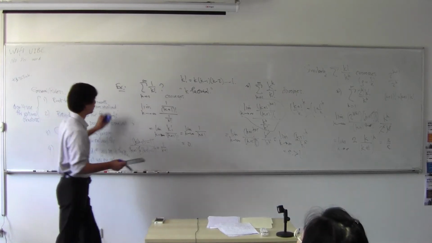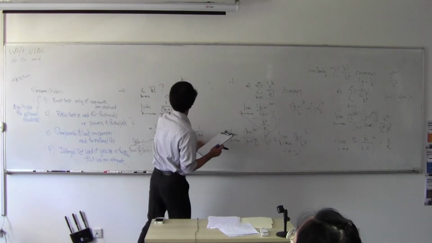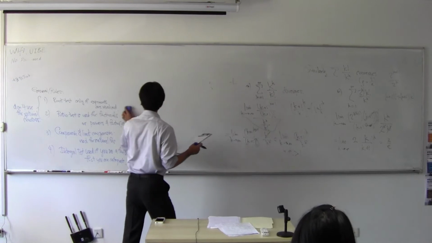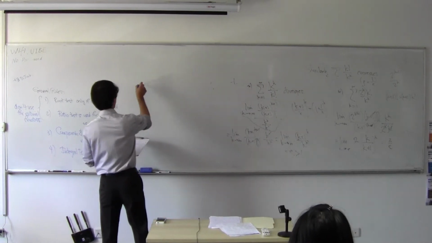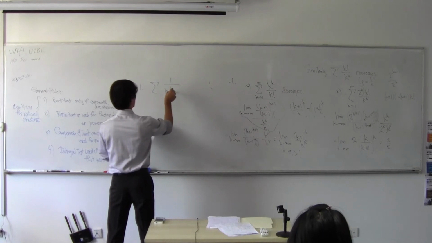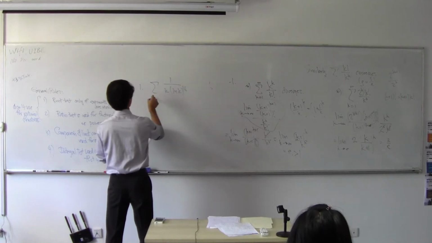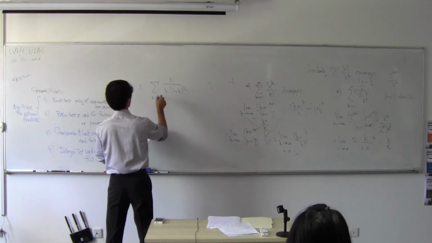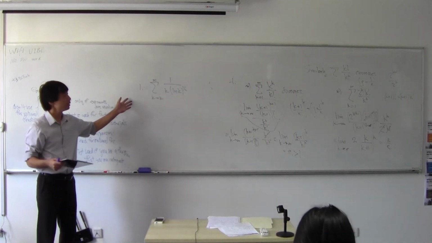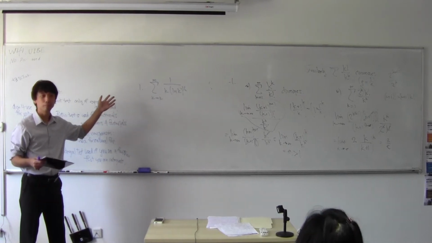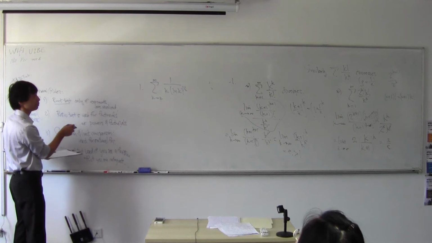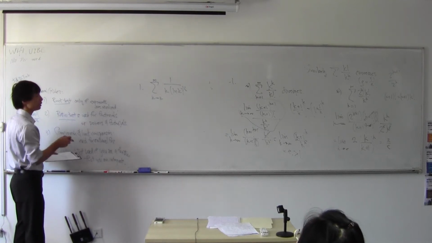So for example, if I give you something like this, 1 over k natural log of k to the 1/2, k from 2 to infinity, what do you think? Are you going to use the root test? No. The ratio test?